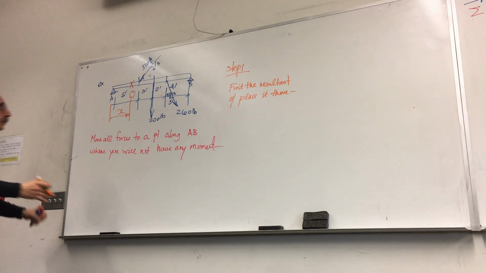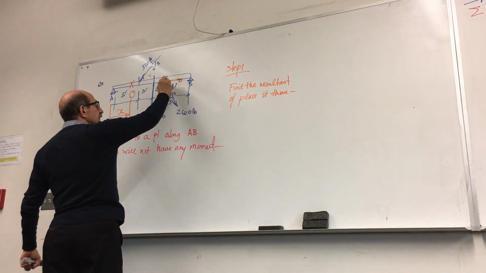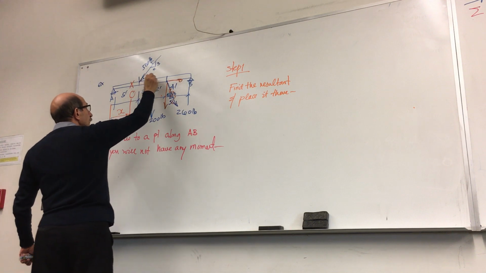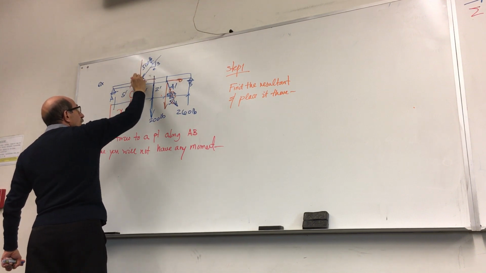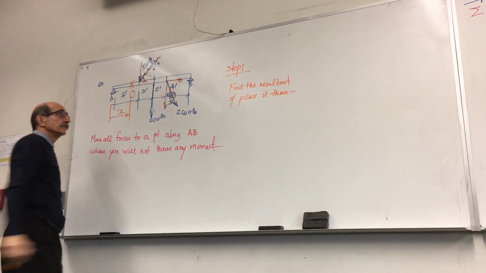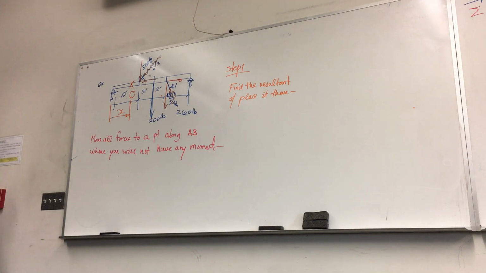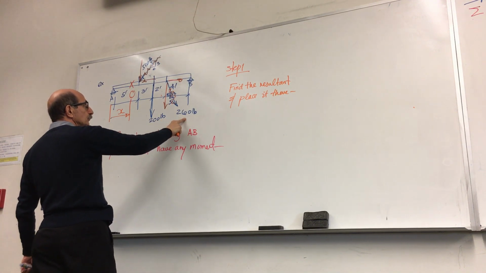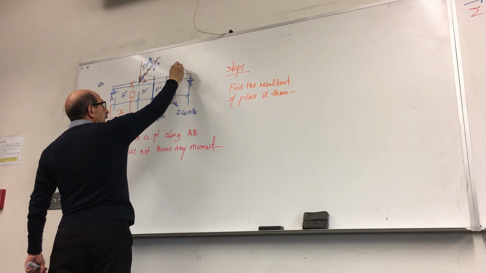Nothing changes. Of course, again, remember the first thing you do, always resolve these forces into their components. Okay? Remember Mr. Pythagoras. So this is 5/13 of 260, so that would be 100 pounds.